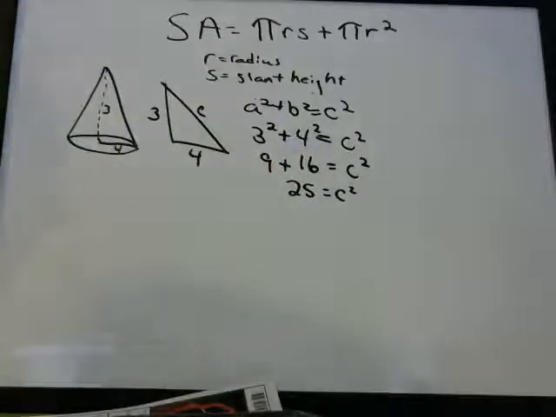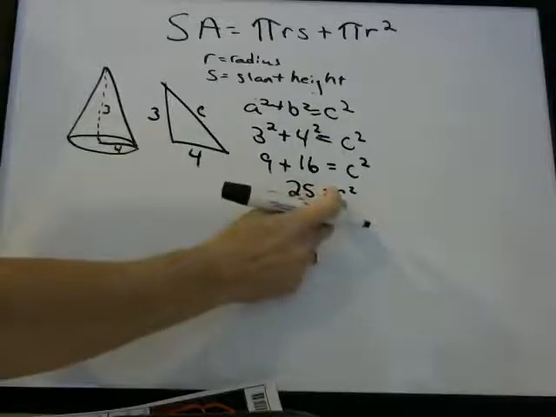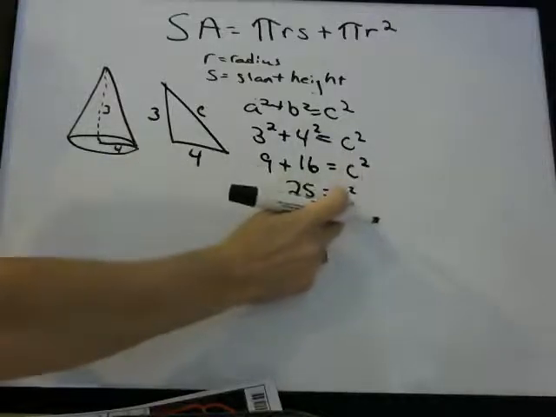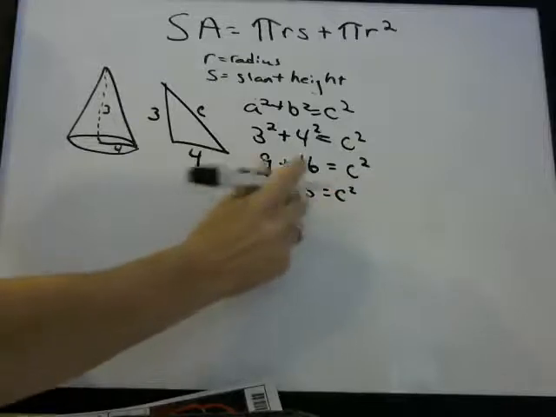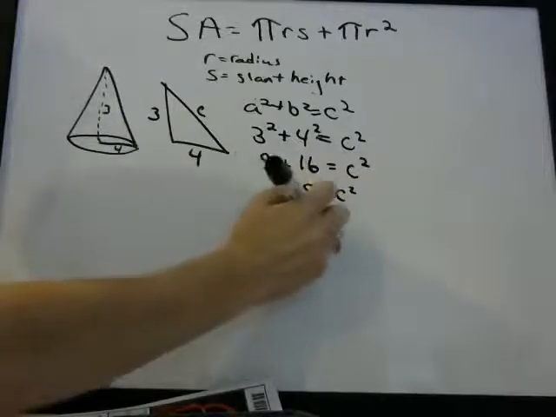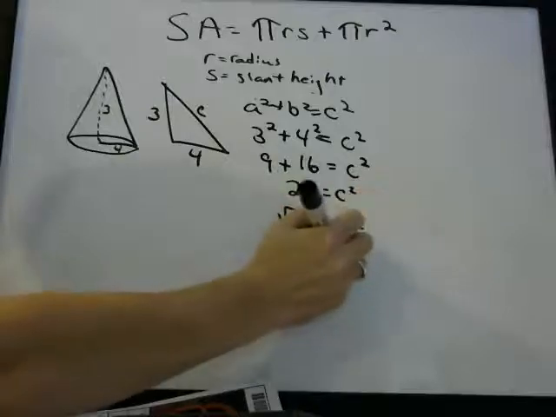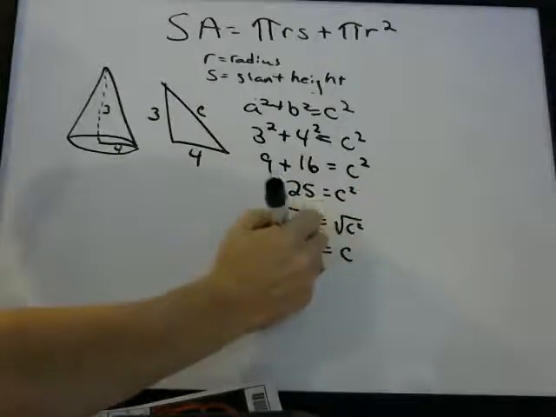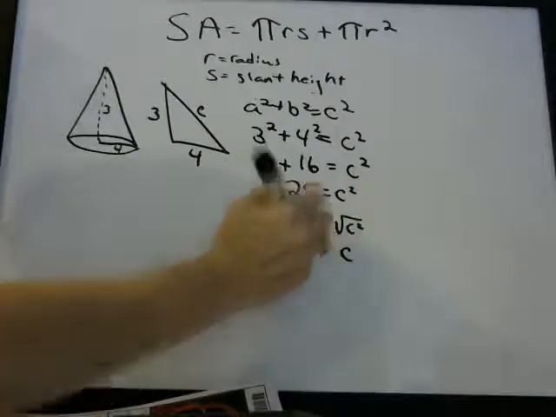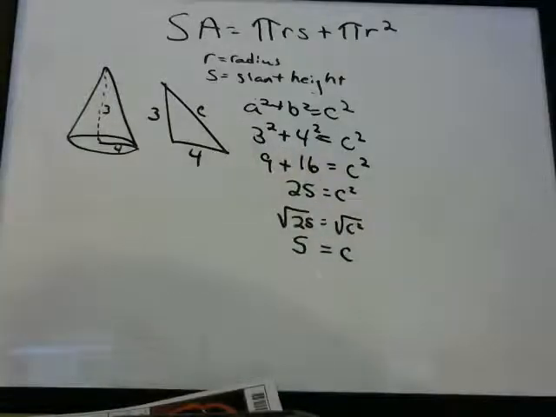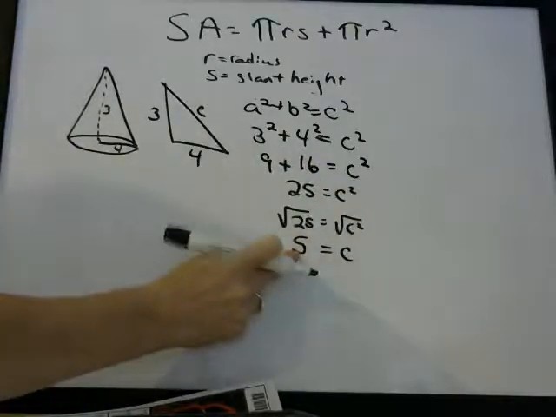But we don't want c squared, we want c. How do you figure out what c is when it's got a squared? You take the square root of each side. The square root of c squared is just c. The square root of 25 is 5. So c equals 5.